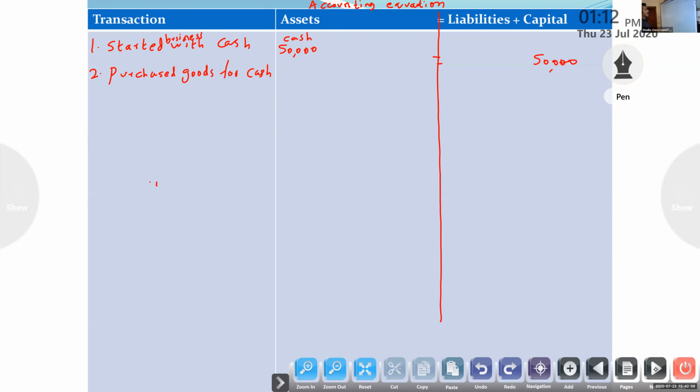Purchased goods for cash. Goods plus 25,000. Yes, sir. Assets. Then cash 25,000, plus or minus cash? Minus. Okay, cash 25,000, goods 25,000. Very good.